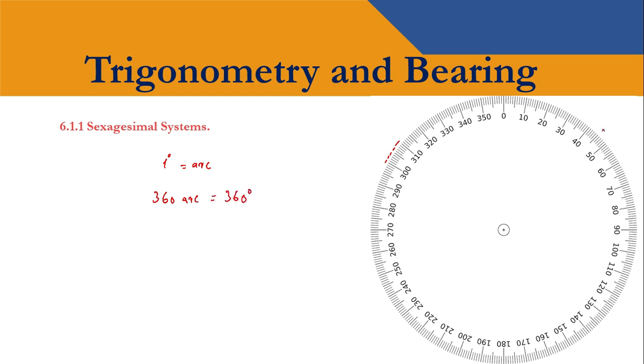So a complete circle has 360 degrees in it. Further, in this system, 1 degree is divided into 60 parts known as minutes, 60 minutes, and 1 minute is further divided into 60 seconds. So that's all about the sexagesimal system.